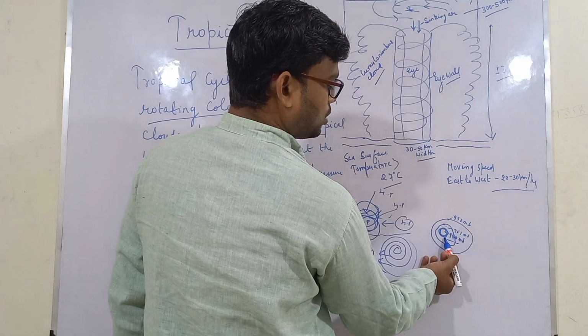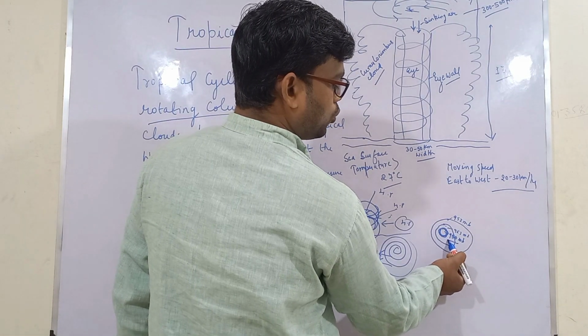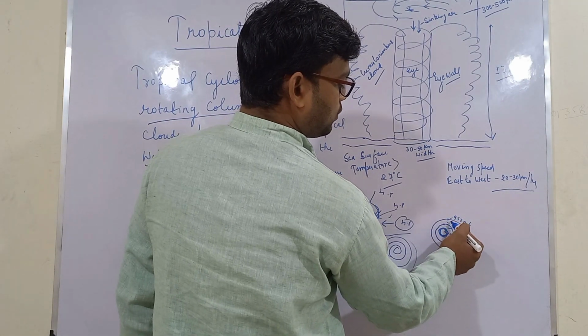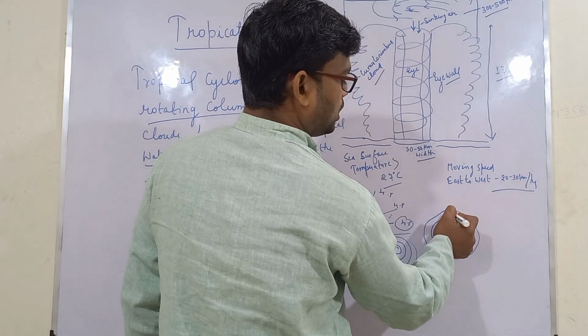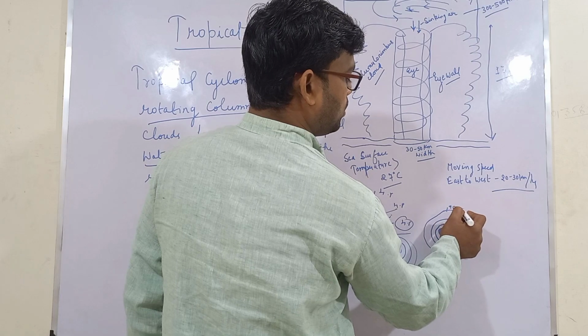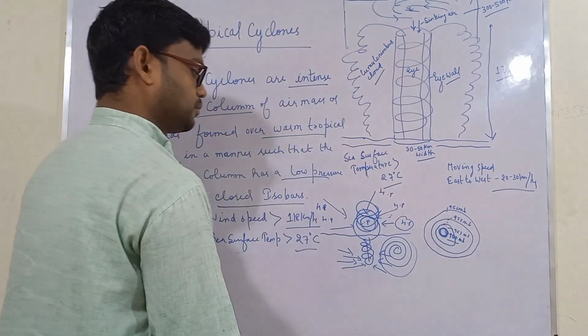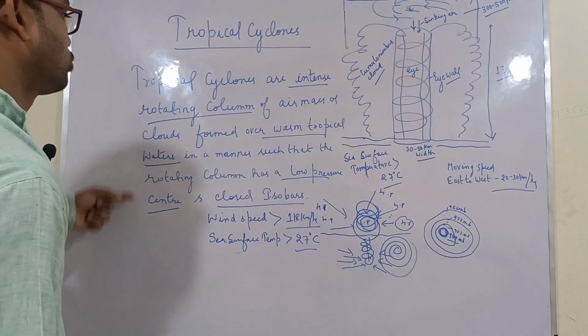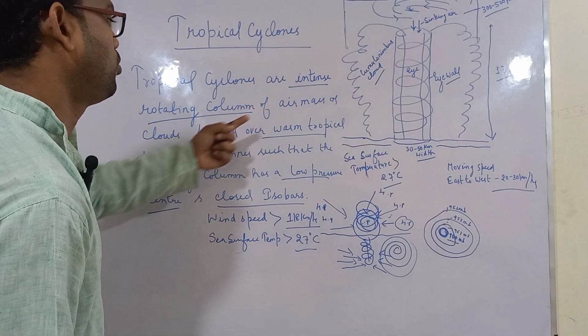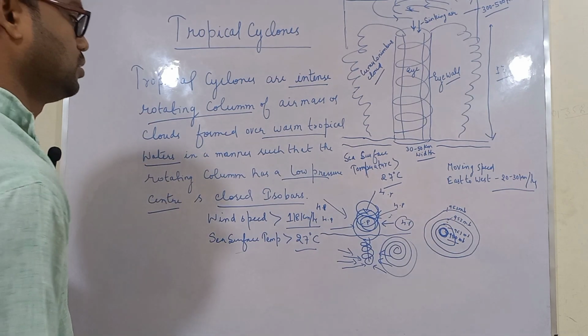So we see that the center will have the lowest air pressure, and as we move outside the air pressure is going to increase. Okay, so remember the definition of tropical cyclones and the meaning of the important keywords present in this definition.